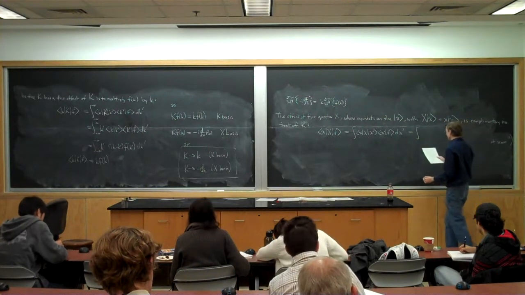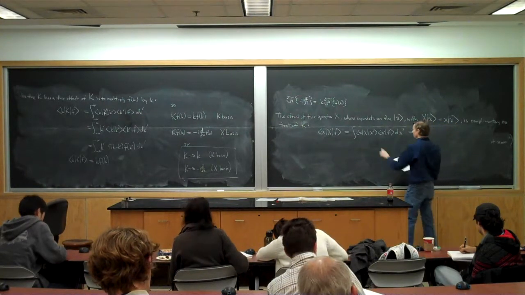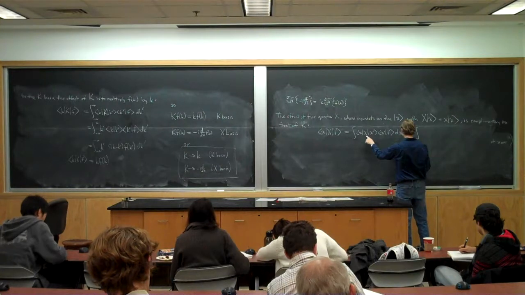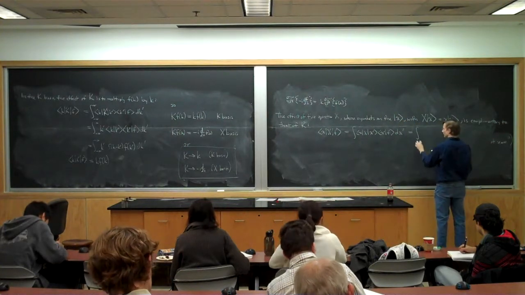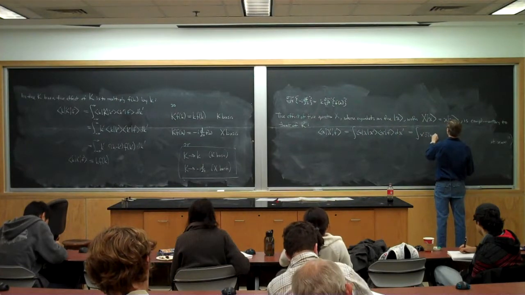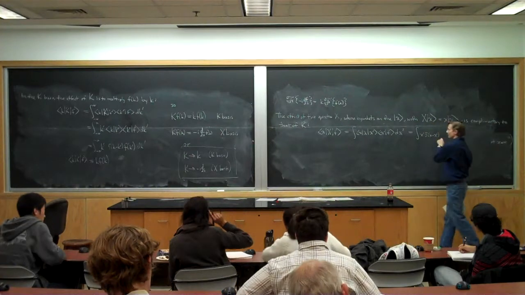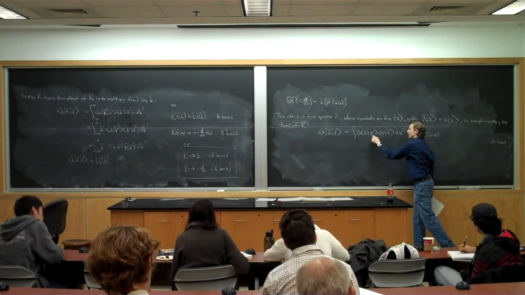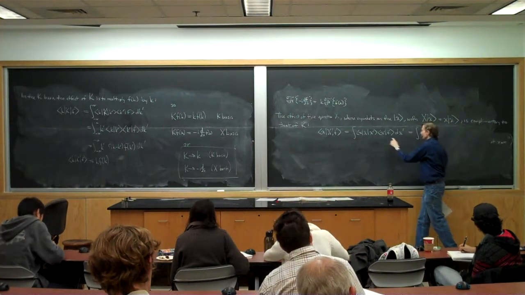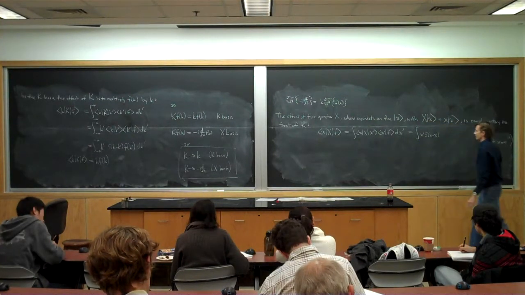And then we'll say that this beast right here is going to be equal to x prime delta of x minus x prime, right? Because the inner product of x with x prime is delta of x minus x prime. And x applied to the ket labeled with x prime is x prime times that ket. Does that make sense?